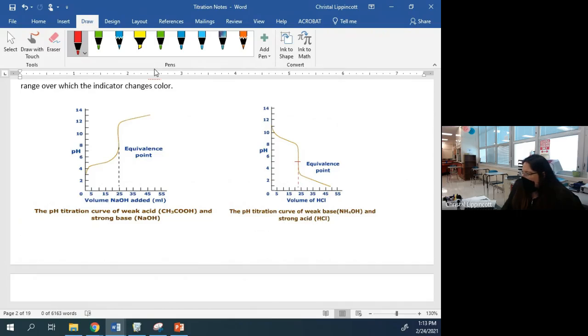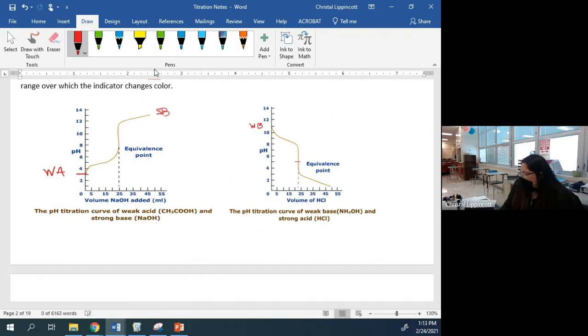This titration curve here, when your pH starts out between 0 and 7, somewhere in this like 2, 4, 6 range, that means that you're starting out with a weak acid, okay? And if this ends up going up to a 14 here, you've ended up titrating that weak acid with a strong base. Here we're titrating with a weak base.